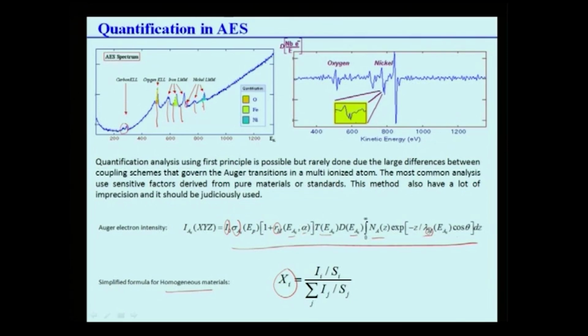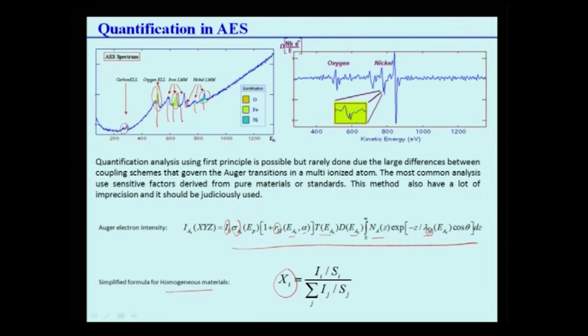Now as you see here, the big peaks are this one for oxygen, this one for iron, and this one for nickel, correct. Now I can calculate the area under these three peaks and get the intensity. Then if I know the scattering factor, I can quantify the presence of each of these elements.